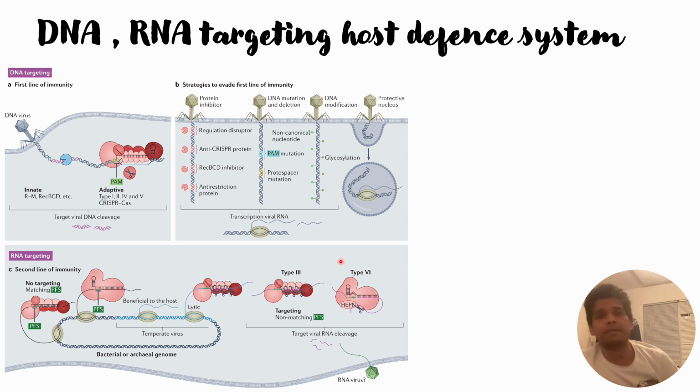So here comes the second line of defense of the host immune system, known as RNA targeting. There are two kinds of CRISPR Cas systems found efficient in RNA targeting, type 3 and type 4, working on the foreign RNA transcripts.